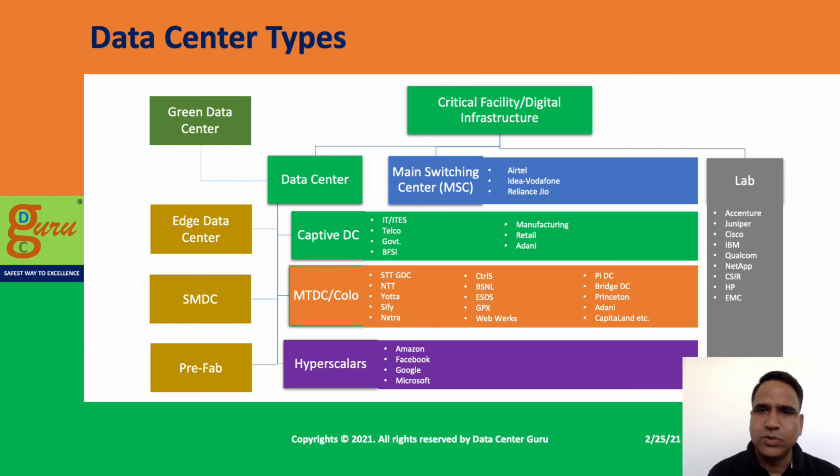In India also there has been a lot of initiative around renewable energy. Solar power plants and wind power plants are being built and they are going to support the data center power requirements.